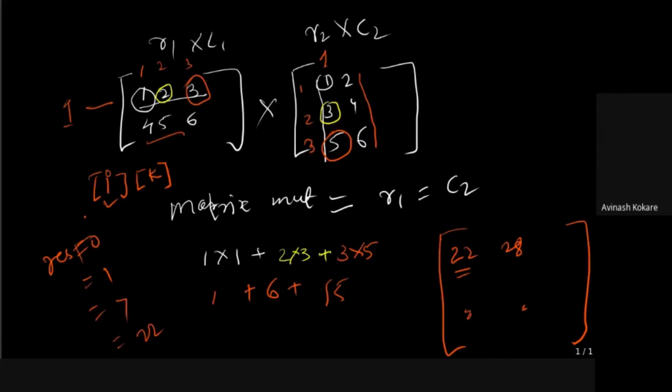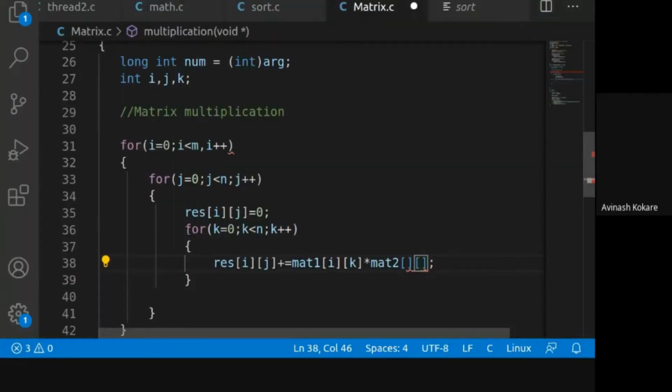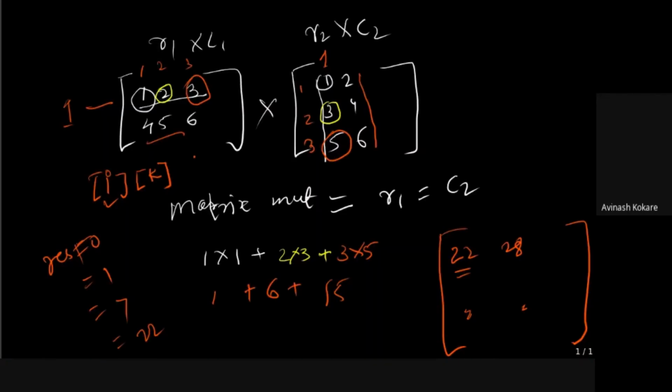So I will be constant, and K is the innermost loop, so K is changing. That's why it is changing from the first column, then the second column, and the third column. And the first index is always for the row, and the second index is always for the column. Remember this: the first index in a matrix is for the row, and the second is for the column.